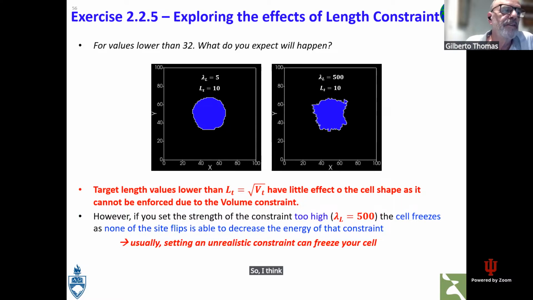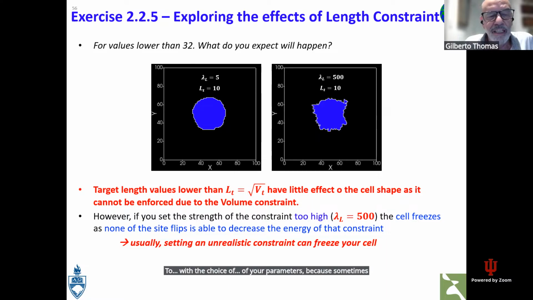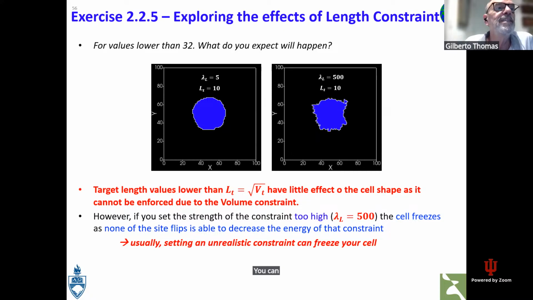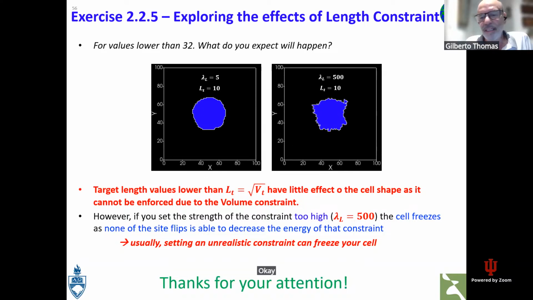You have to be careful with the choice of your parameters, because sometimes if you use unrealistic values, you can have unrealistic cells, and the simulation can be frozen with those kind of values.